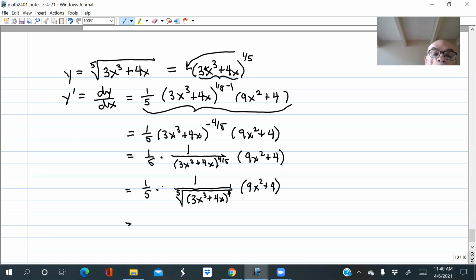I guess you can now multiply all these things together and you end up with 9x squared plus 4 in the numerator, because you have 1 times 1 times 9x squared plus 4. And then in the denominator, you still have this ugly 5th root of 3x cubed plus 4x raised to the 4th power.